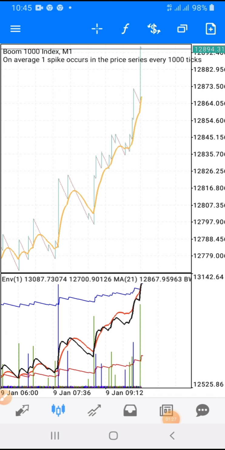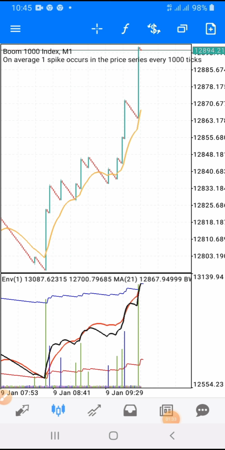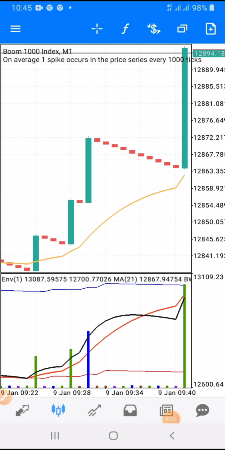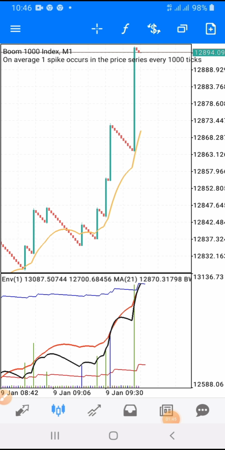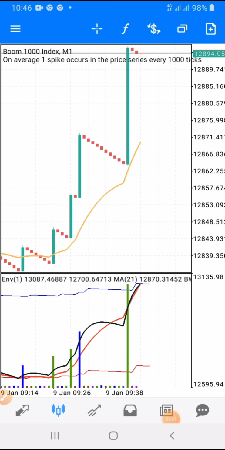This is 1. Sorry about that. 1, 2, 3. We are going to use zoom level 2, or you can use 3. Let's use zoom level 3.